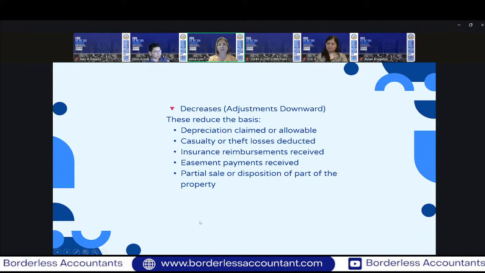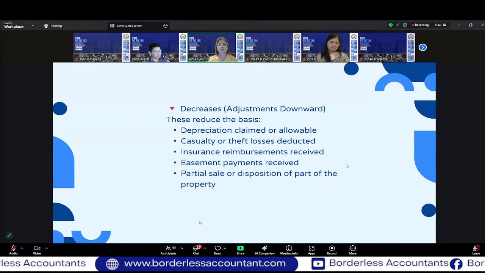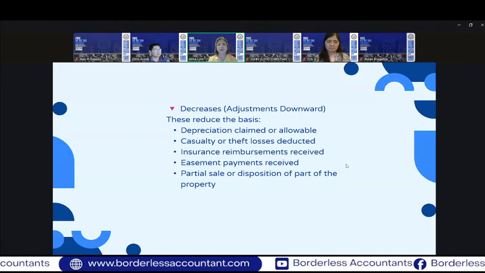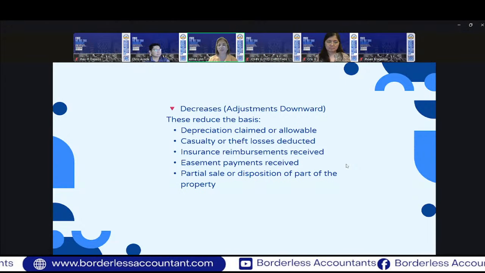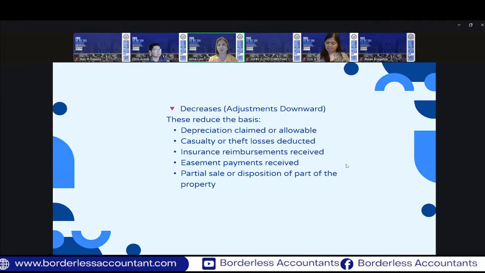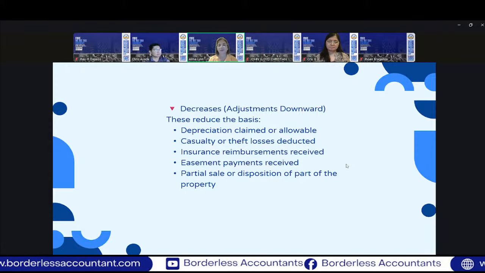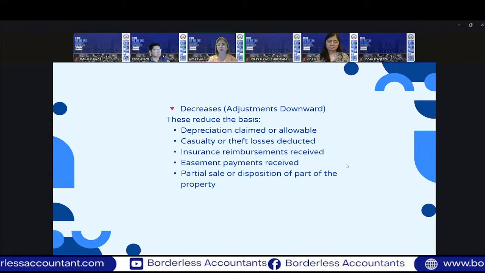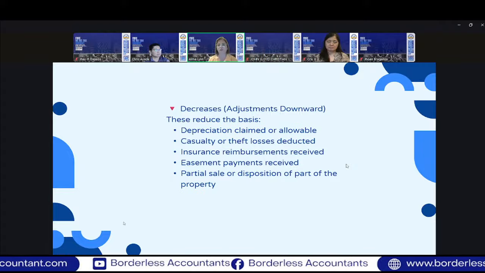What will decrease the value is the depreciation claimed or allowable, casualty or theft loss deducted, insurance reimbursement received, easement payment received, and partial sale or disposition of part of the property.